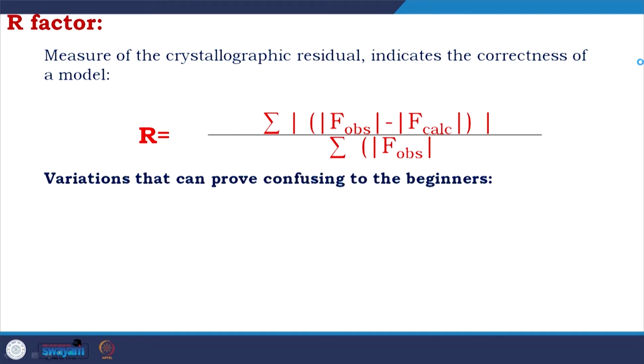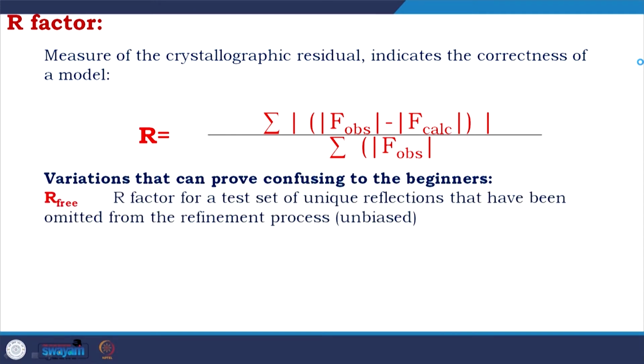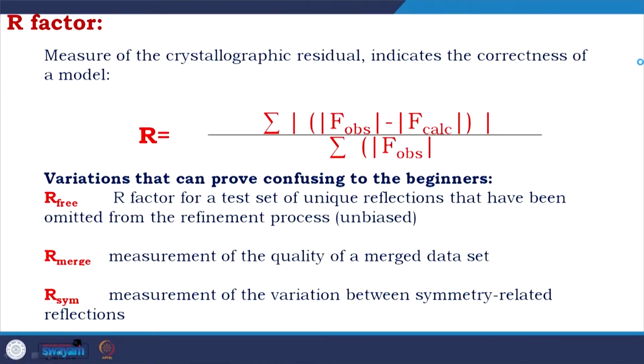A variation that can prove confusing to beginners is R free, but you should not be confused, because I talked about it: the R factor for a test set of unique reflections that have been omitted from the refinement process to make it unbiased. There are two other R factors, R merge and R sym. R merge is the measurement of the quality of a merged data set when you are merging multiple data sets.